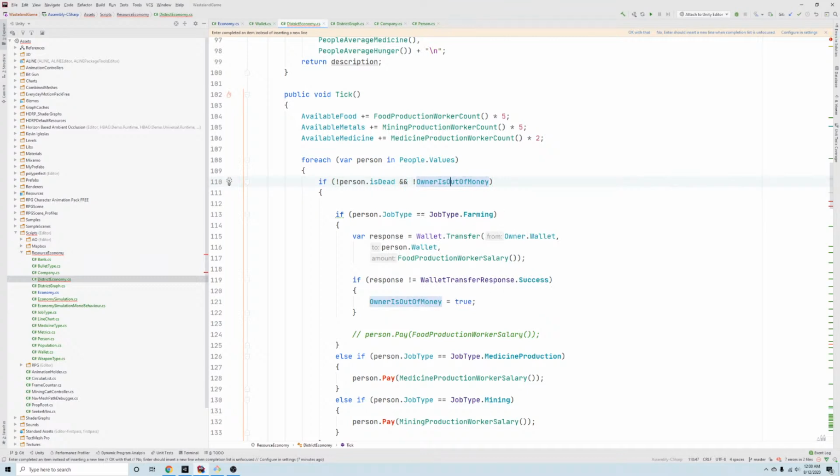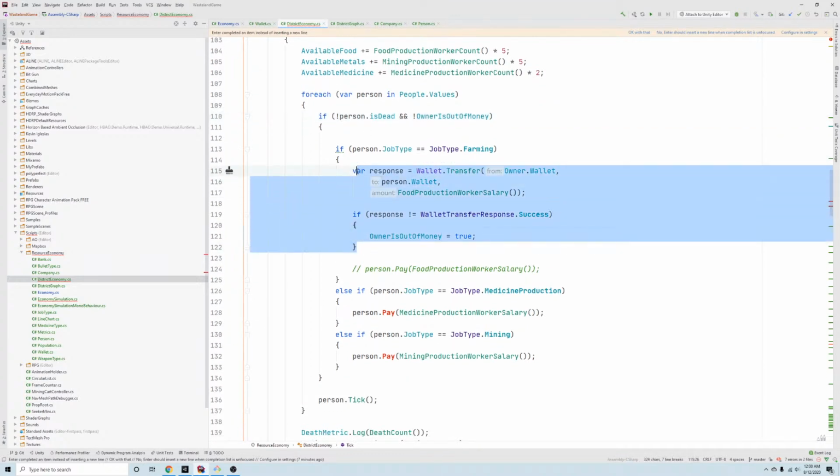So we only want to do this if the owner is not out of money. And we need to do this code for these other cases.